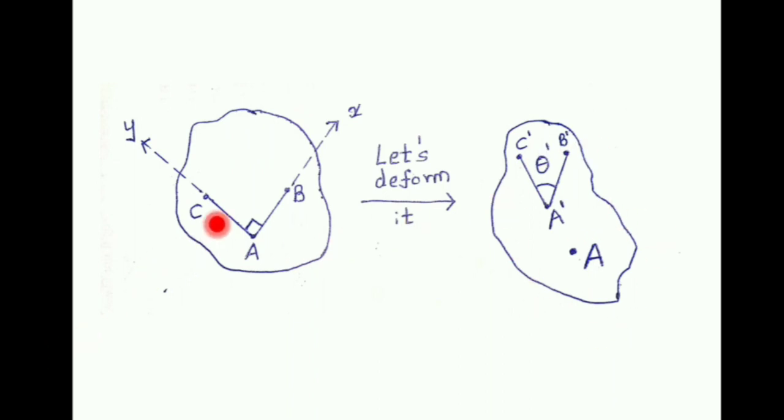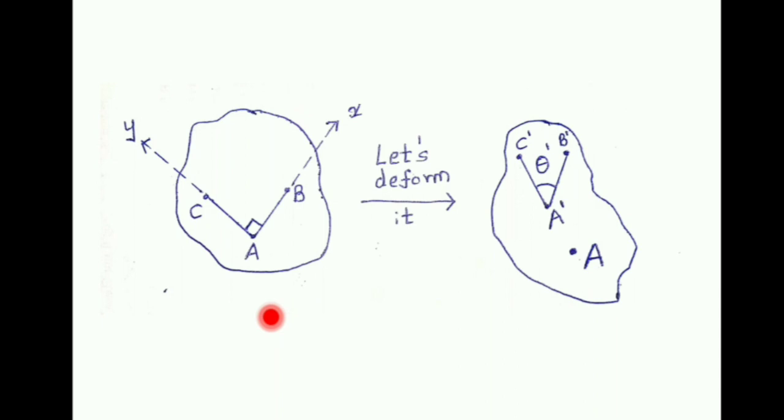So let's concentrate first on the undeformed body. There are two line segments, AB and AC, and both are perpendicular to each other. Now let us take the axis X along AB as well as Y along AC.